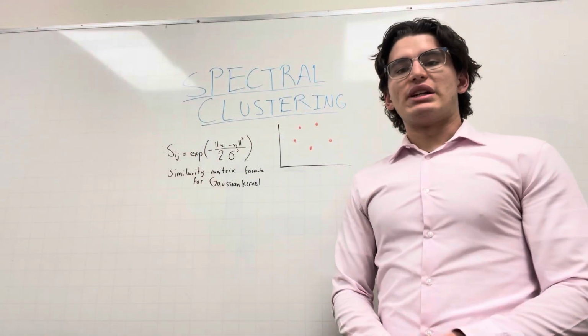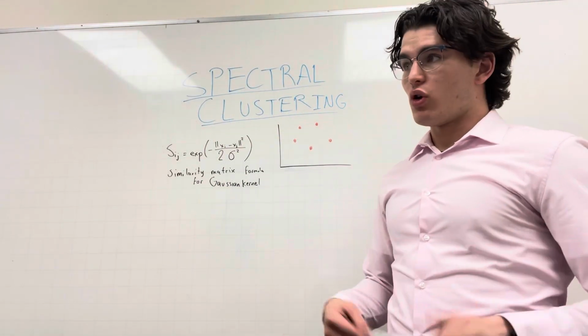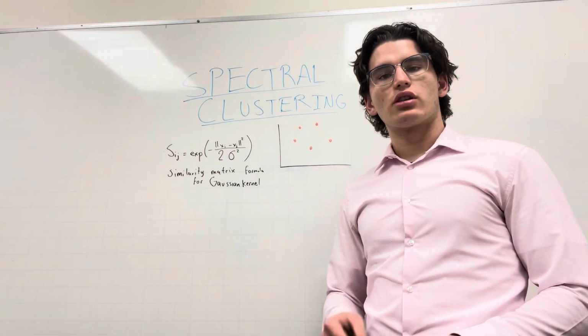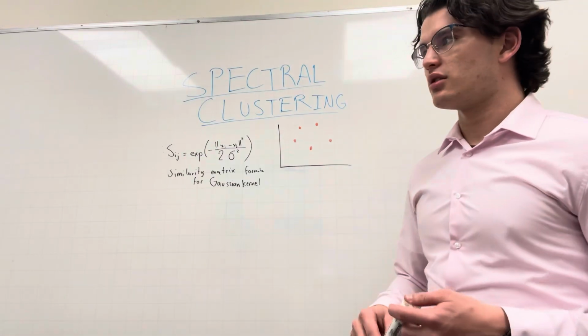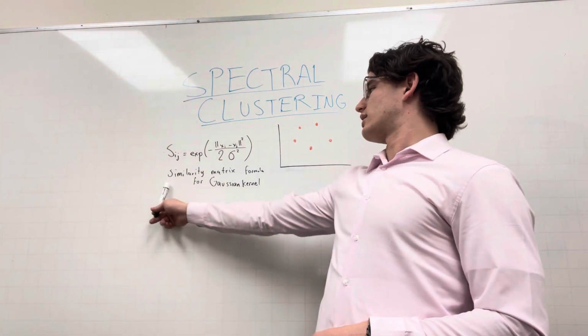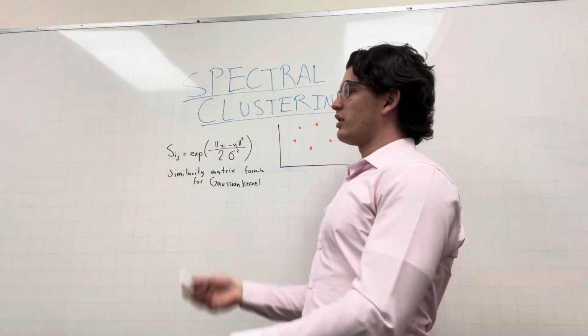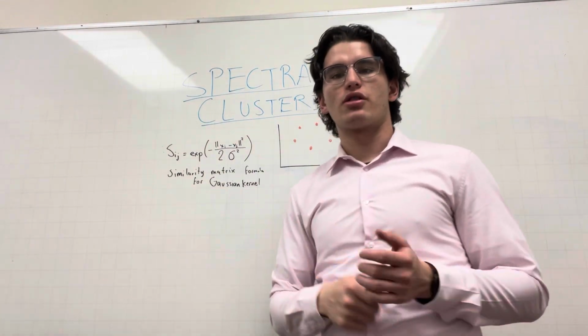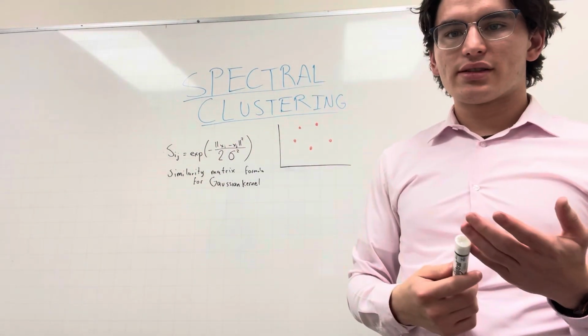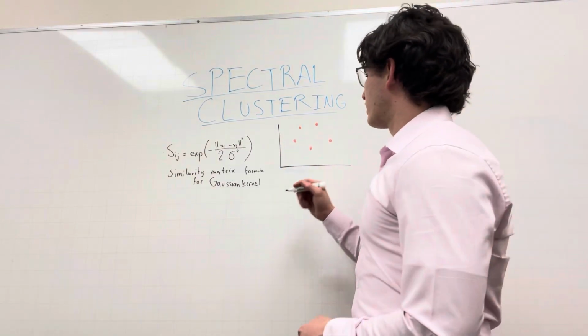We create a similarity matrix between all the data points of the dataset. One common choice is the Gaussian similarity function, and this is the formula for a similarity matrix for this Gaussian kernel. Basically what it does, it creates a similarity between some points.